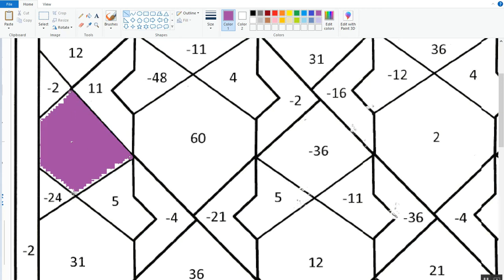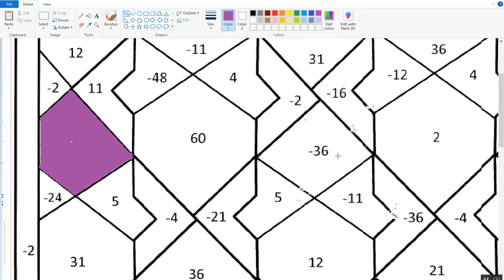And I'm just going to draw a purple line that'll fill in that gap. Right there. Well, it doesn't have to be perfect. But that's now filled in with purple.